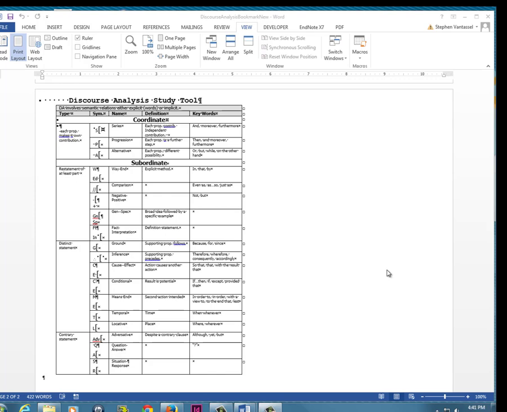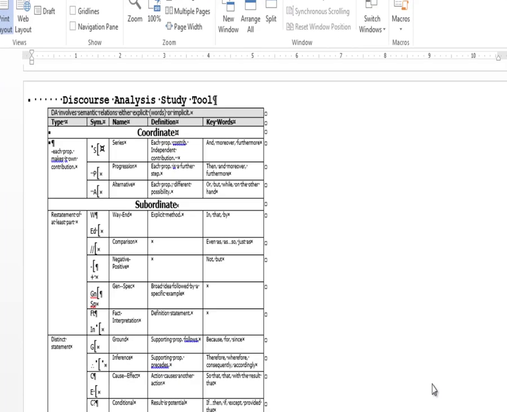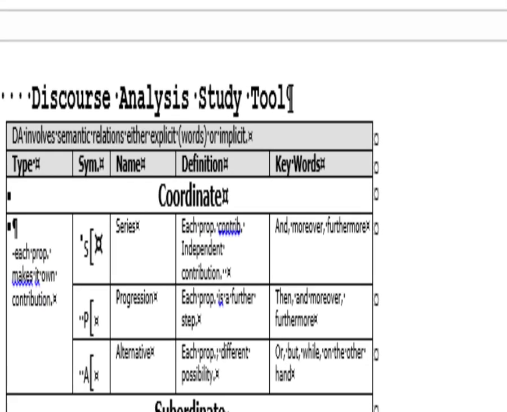So what you're seeing here on the screen is basically the discourse analysis study tool, and what this does is it lists all of the various ways that two propositions relate to one another. And so it's basically broken down into two parts.